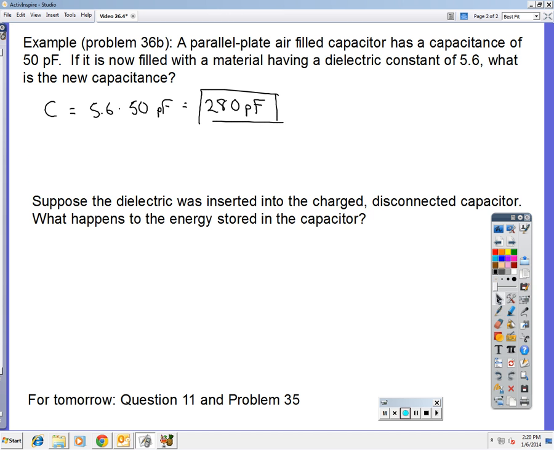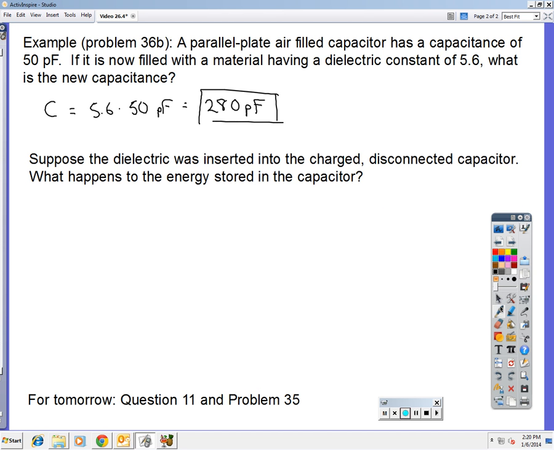But now let's see what happens if the capacitor is disconnected. Remember, that means Q is constant. What happens to the energy stored in the capacitor? Well, for the energy in the capacitor, we'll use Q squared over 2C because the charge is constant.